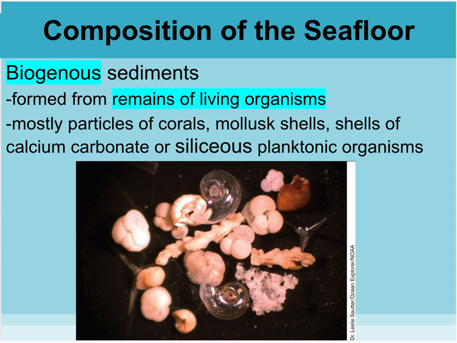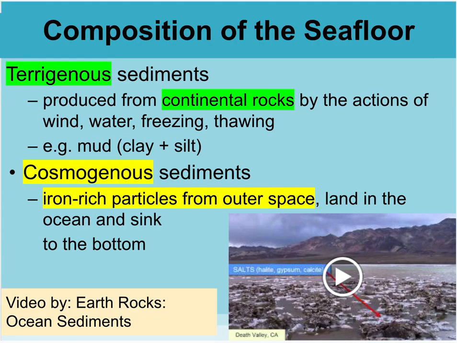And then you can also have biogenous sediments. This is living things that have died, usually that have a calcium or silicon type of shell, like corals or mollusks, which are good examples of things with a hard shell. Now they have passed away, and their shell still exists at the bottom and has become part of the sediment there.